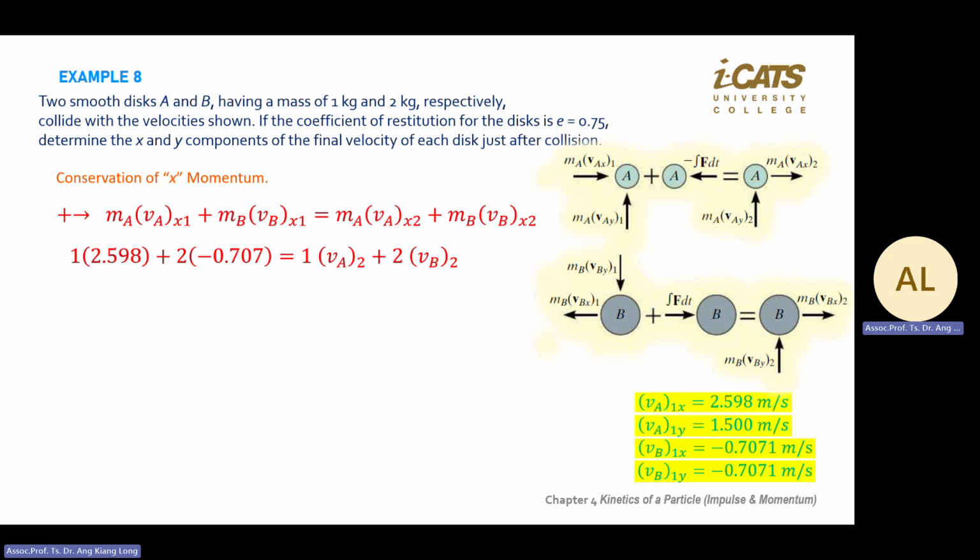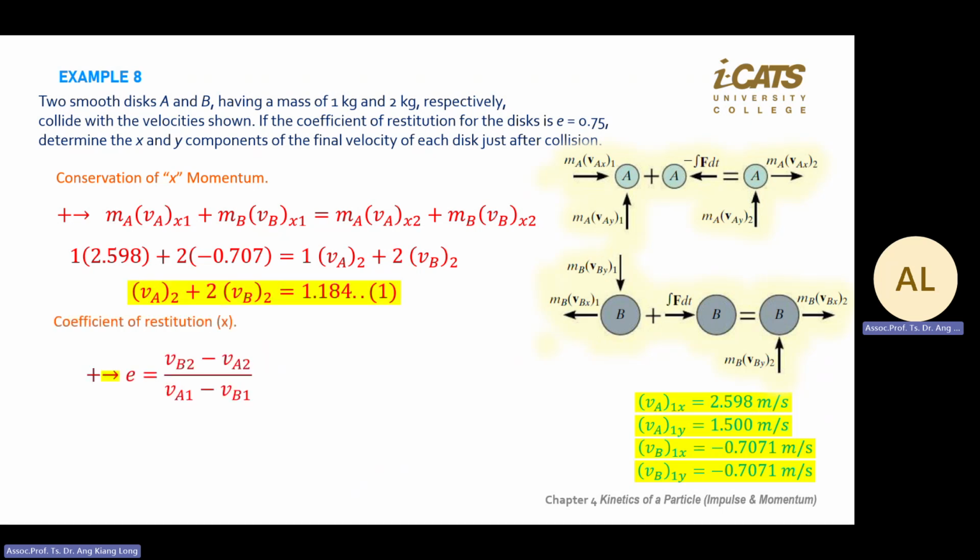VA is positive to the left, which is correct. VB is to the right, so negative. VA2, you don't know. VB2, you don't know. You get the first equation. This is for the x direction. You do another set for y.